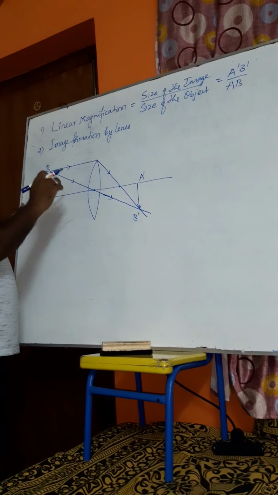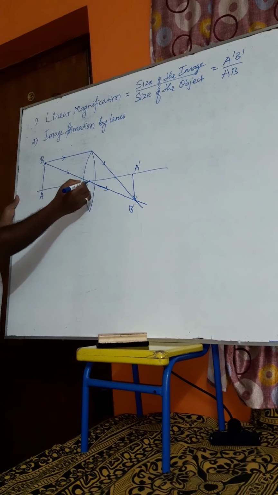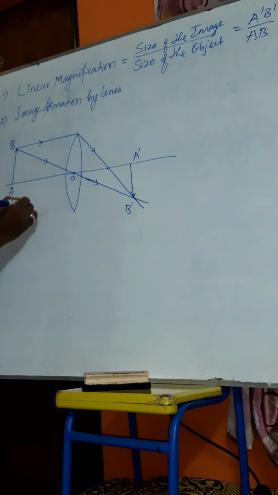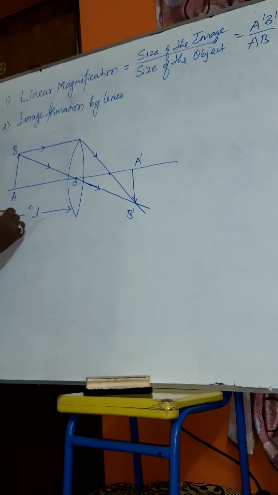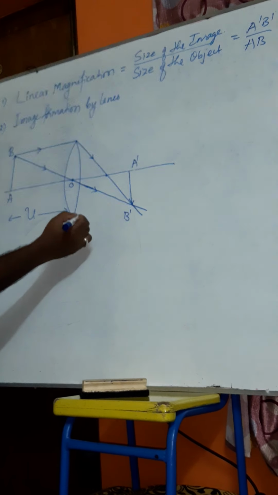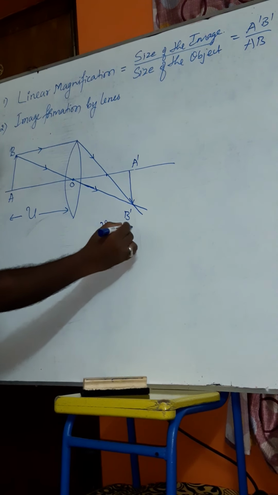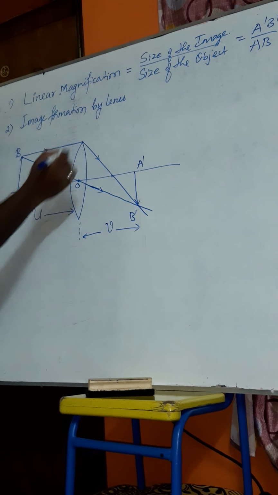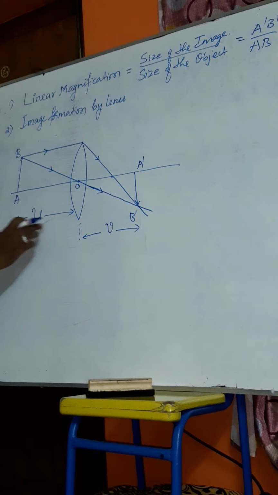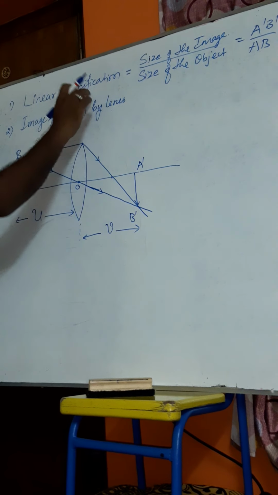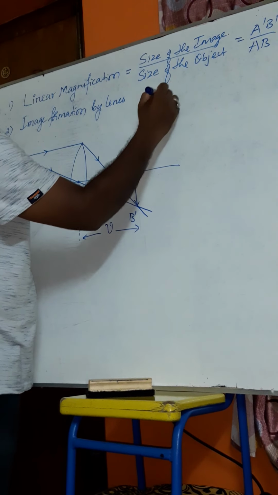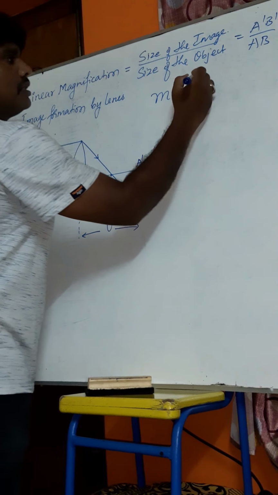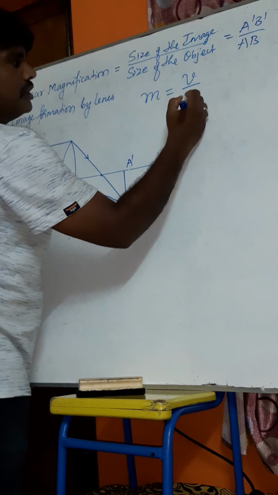It is also defined in terms of object distance and image distance. The distance from optic center to the object is object distance U. From optic center to the image is image distance V. This is the image distance, right? So in terms of object distance and image distance, the linear magnification m is equal to image distance divided by object distance.